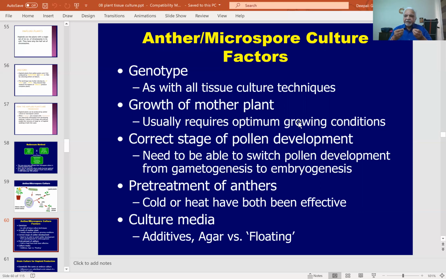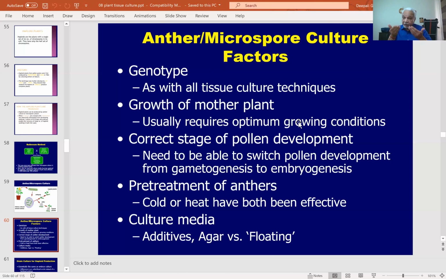Sometimes cold treatment helps, sometimes heat treatment helps. And then the culture media is also a very, very important factor, other than the nutrients, the semi-solid nature or the floating kind of culture, and how much agar you are using to solidify it.